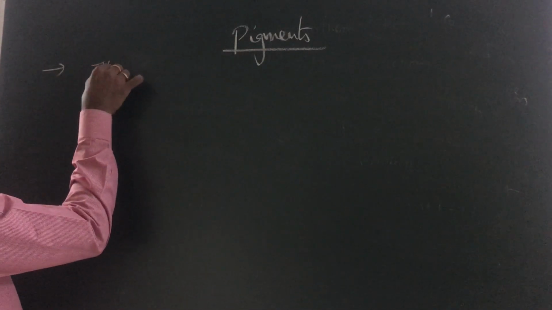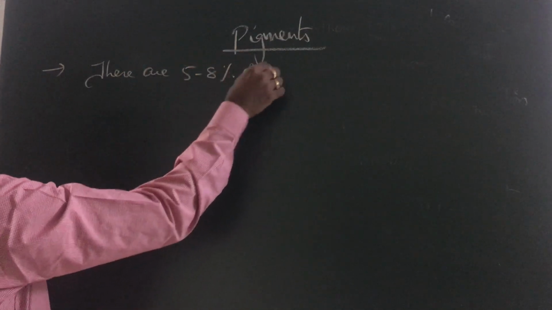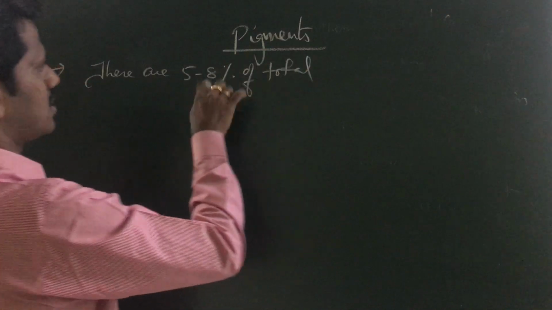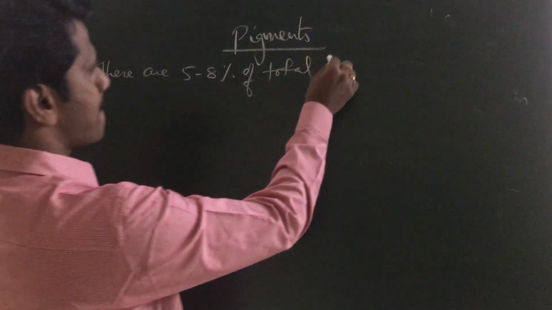Pigments are 5 to 8% of the total dry weight of chloroplast.